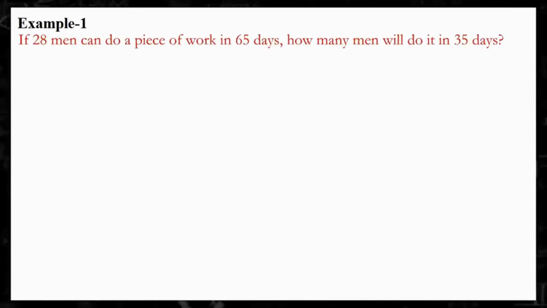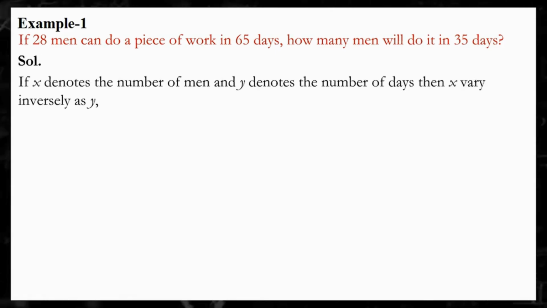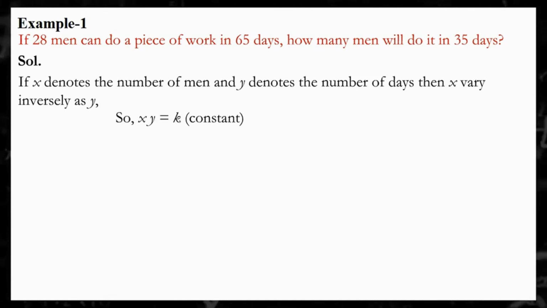Example 1. If 28 men can do a piece of work in 65 days, how many men will do it in 35 days? Solution. If x denotes the number of men and y denotes the number of days, then x varies inversely as y. So, xy is equal to k, a constant.